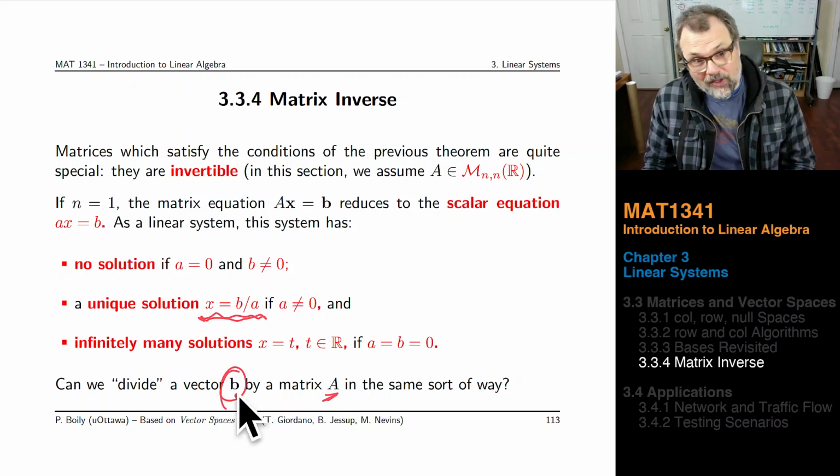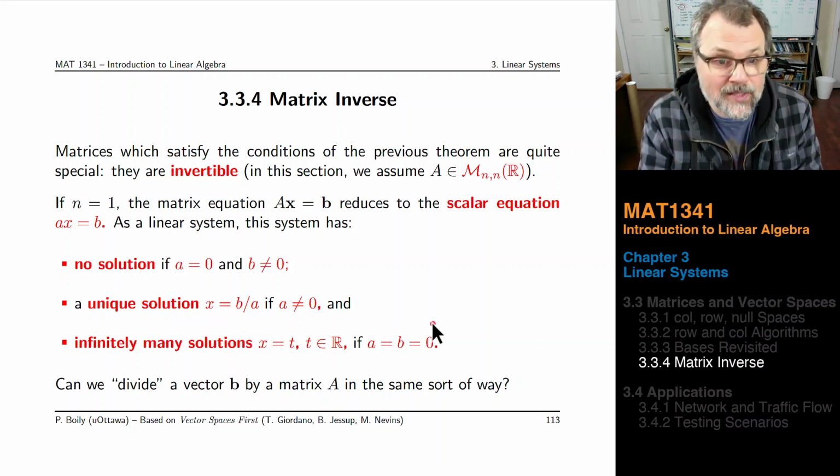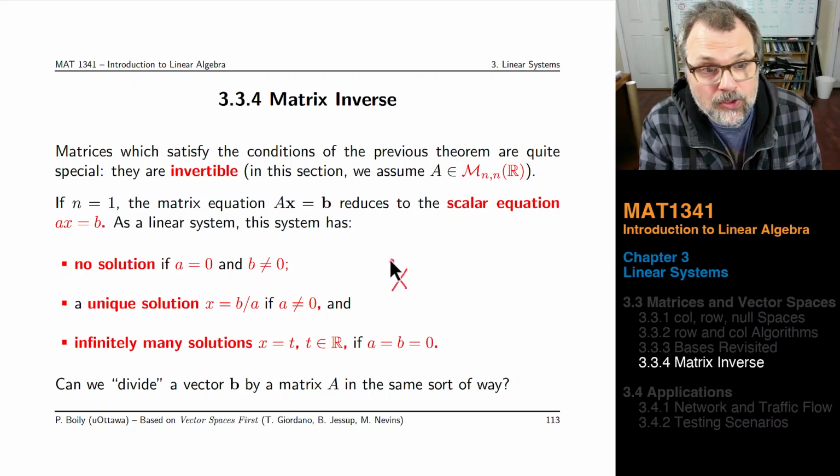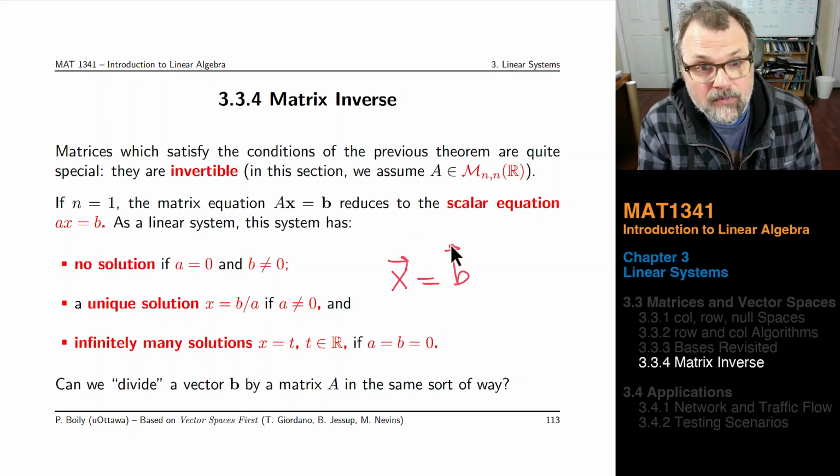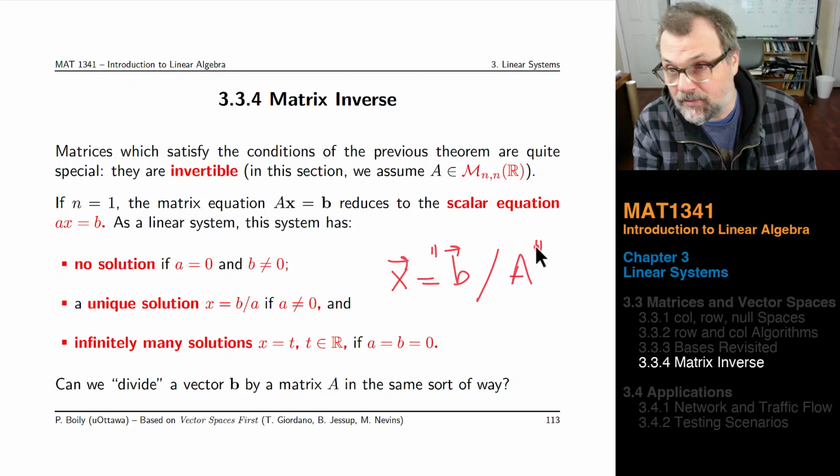Can we do something like this for the general case? Because if that's the case, then we could write that the solution of the system Ax = b would simply be b divided by the matrix A, or whatever that might mean.